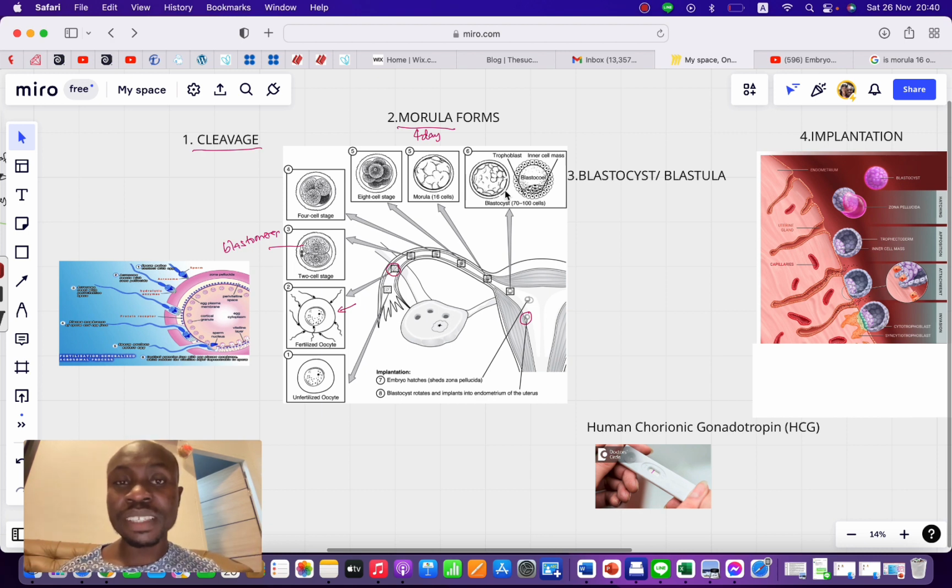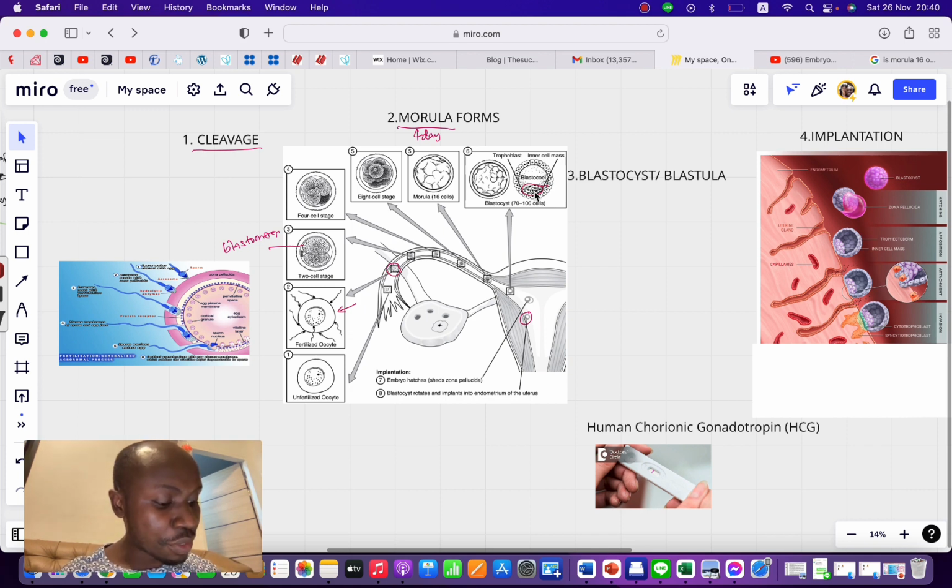Now after that, we start to see big changes. What change do we see? Change number 1 is that the cells inside the morula will group at one side. So here they are. I'm going to draw it in this color. The cells have grouped at one side. And when they group at one side, they create a space.